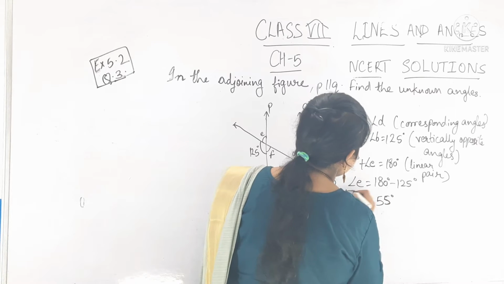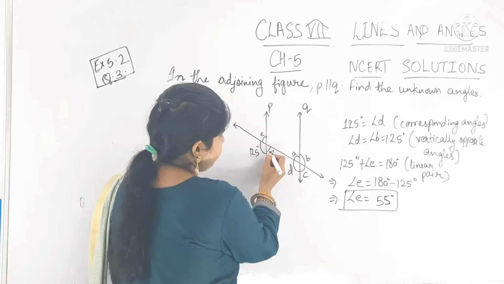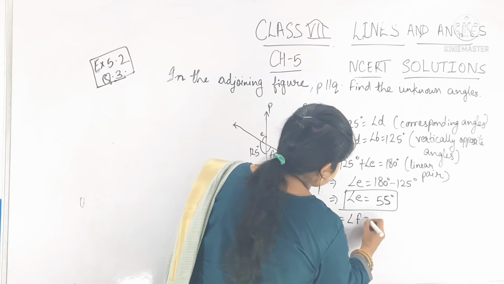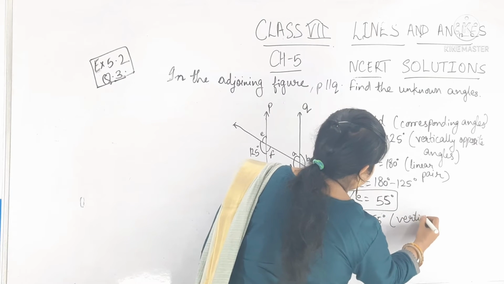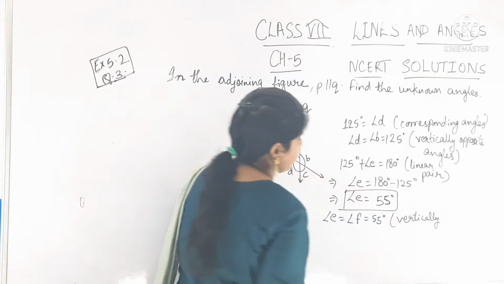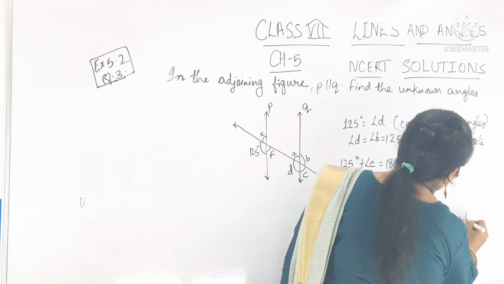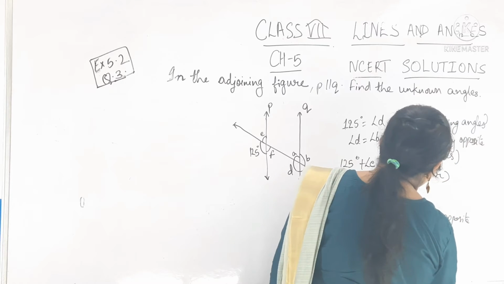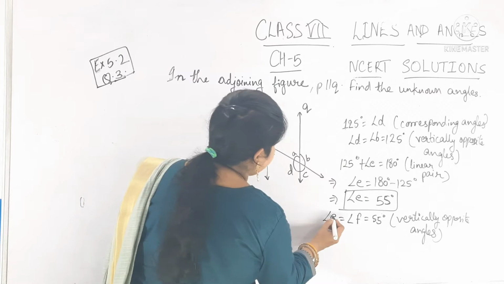So angle E is equal to 55 degree and here F is the vertically opposite angle. So angle E is equal to angle F is equal to 55 degree, that is because of vertically opposite angles, right? This is the angle F.